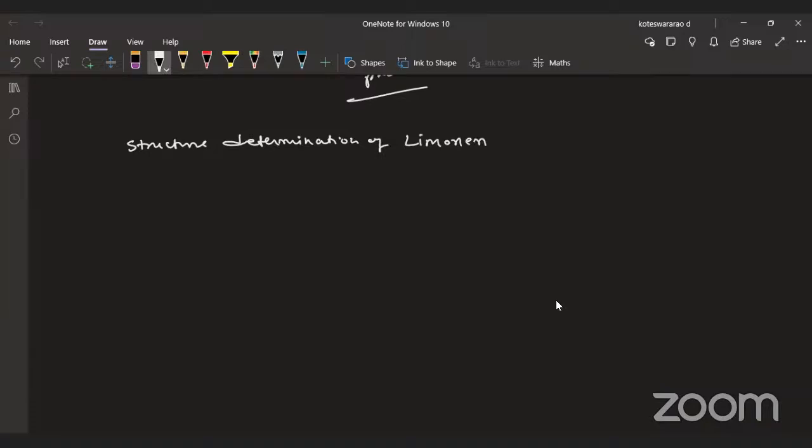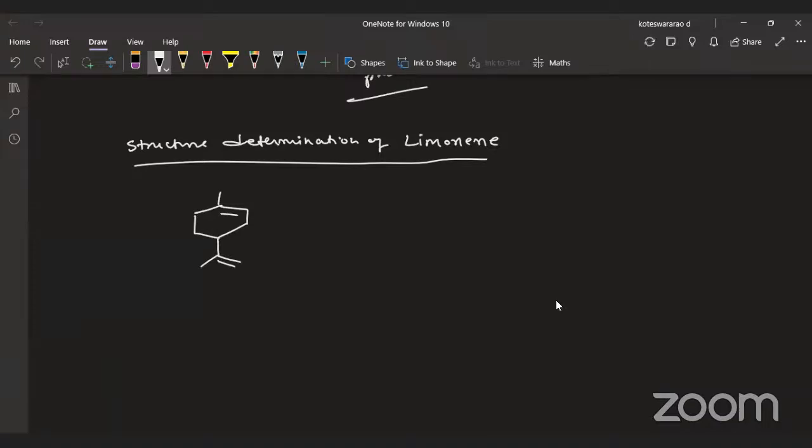Limonene, right? What is the structure of limonene? The structure of limonene is this one. It is very much similar to alpha terpineol, but the only difference is one double bond instead of the tertiary alcohol.